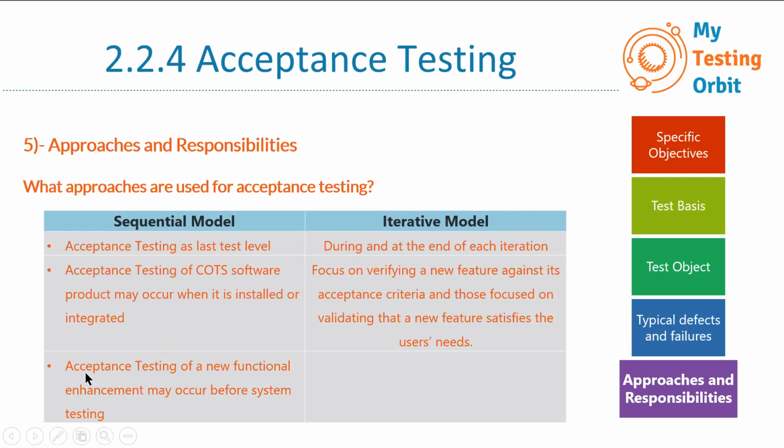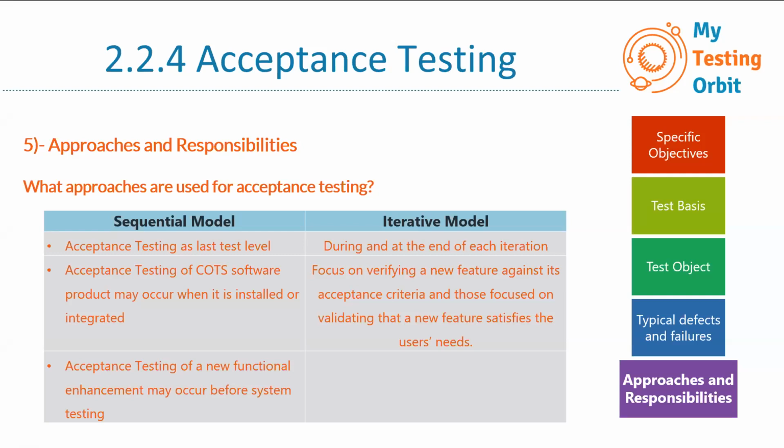The third one is acceptance testing of a new functional enhancement, which may occur before system testing. Let's say that in the sequential model, there is a new system, a new product, and we are performing everything as per the sequential model. So we have done system testing, then we do acceptance testing, and then we release the product.